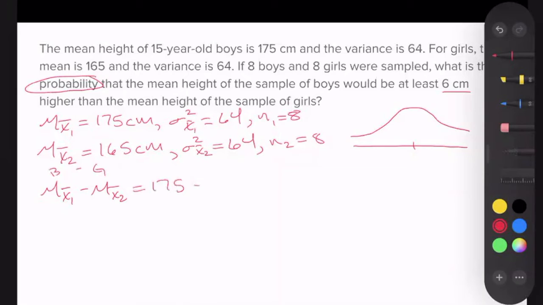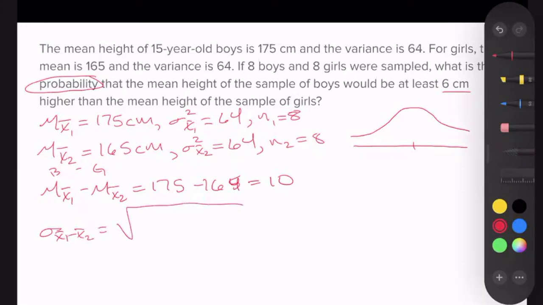So I get 175 minus 165, and I get 10. Then I want to find the standard deviation. So I'm going to use that same formula that we looked at just a second ago, looking at the subtraction of the 2.